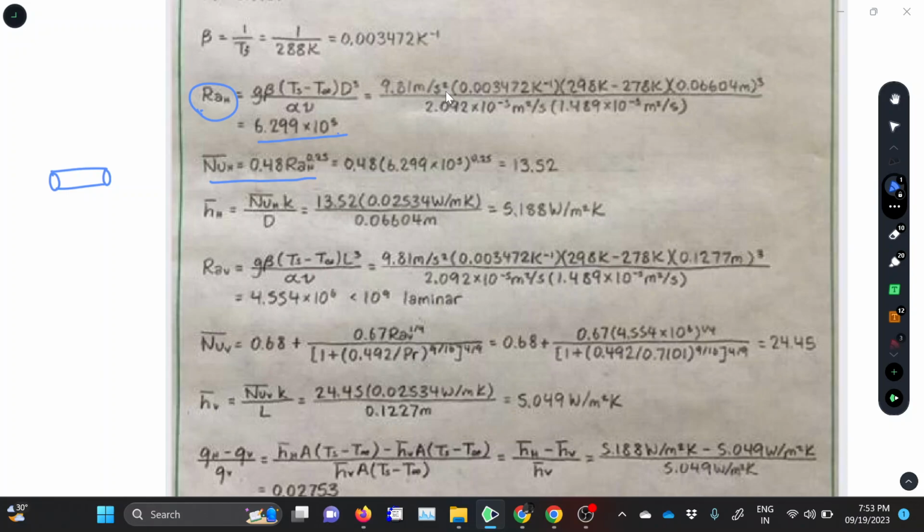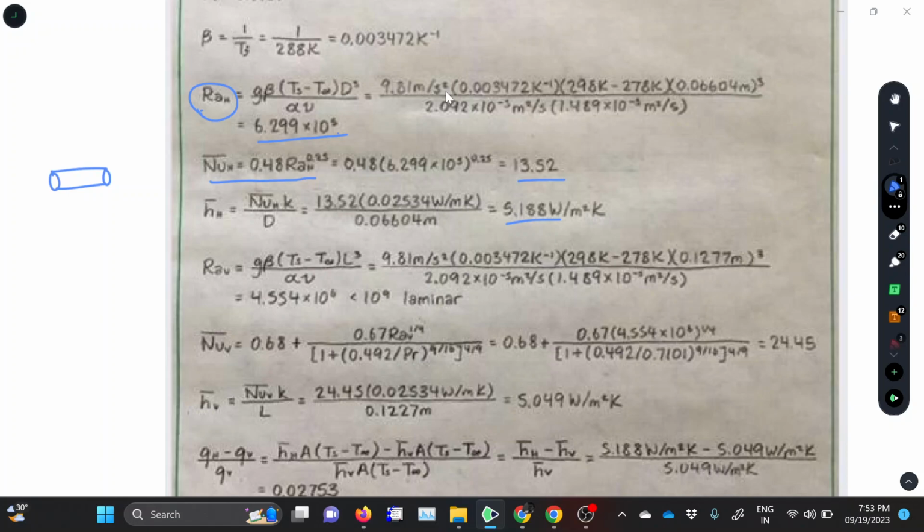This comes from some piece of work which someone must have done with horizontal cylinders. After plugging in the value of Rayleigh number, this Nusselt number comes out to be 13.52. Similarly, the heat transfer coefficient turns out to be 5.19 in SI units, watt per meter squared Kelvin.